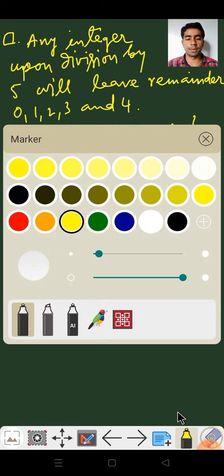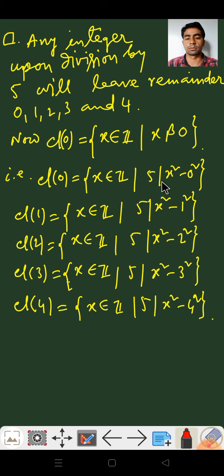Now our claim is that class of 2 and class of 3 are the same, that is, they are not distinct, and class of 1 and class of 4 are the same. To show this, we will show that 2 belongs to the class of 3 and 1 belongs to the class of 4.